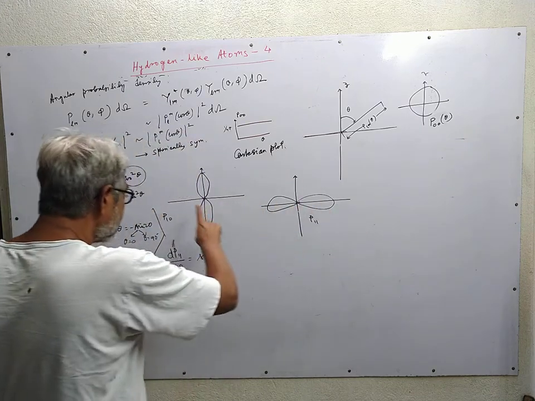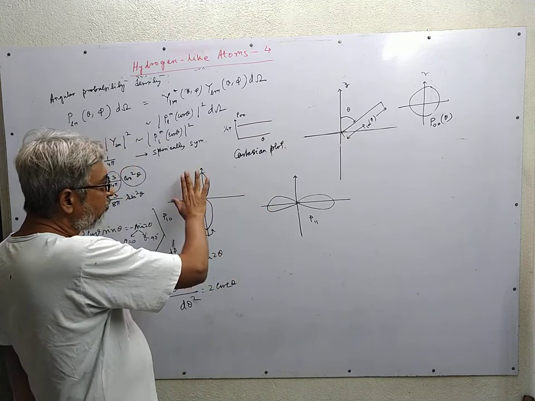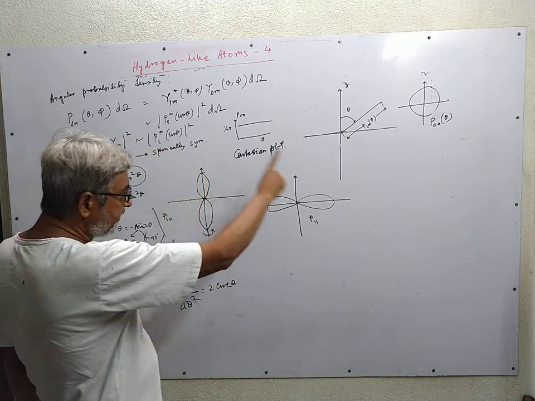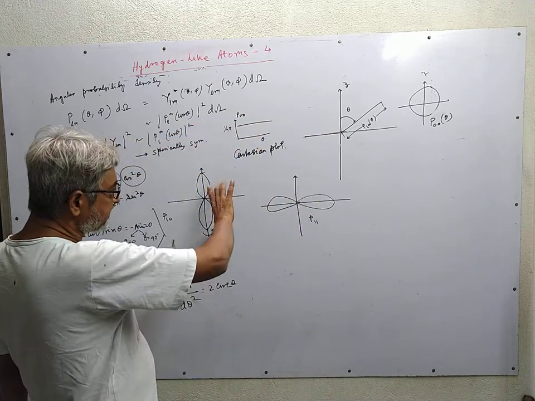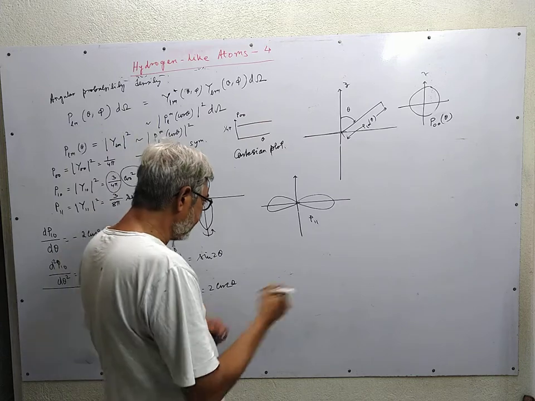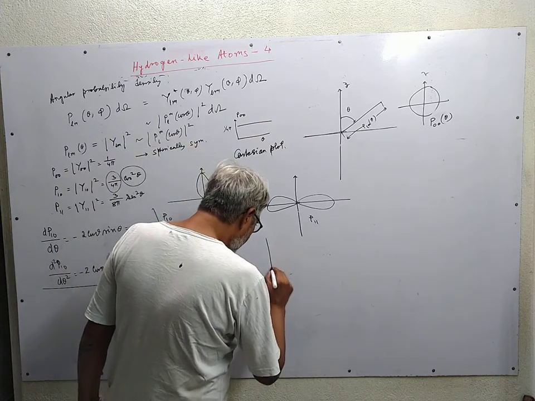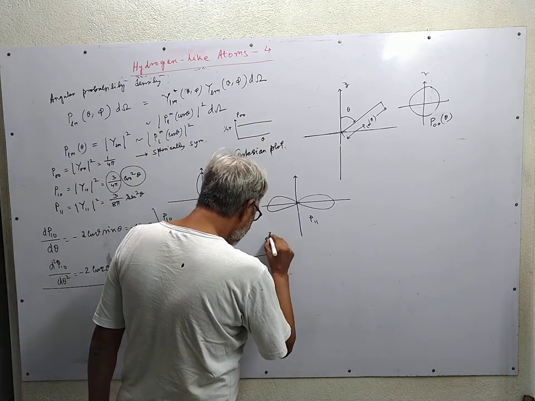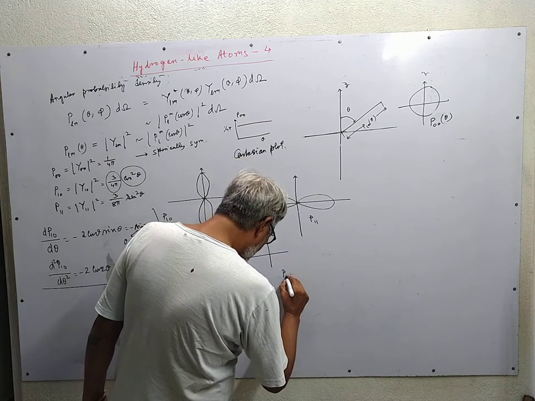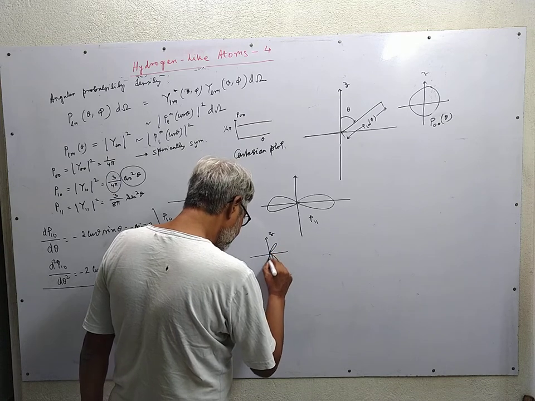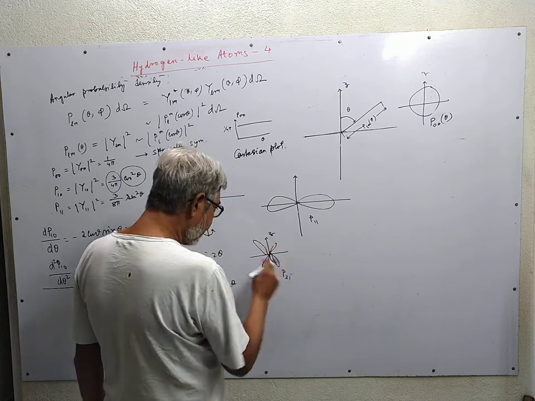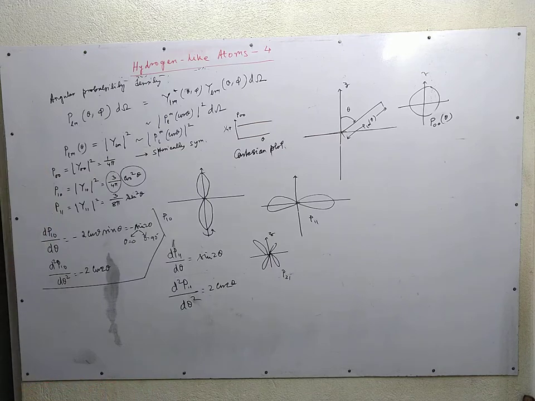This is the nature for minimum M equal to 0, and this is for the maximum value of M. In between, the curve passes through intermediate steps, as for example, this is the z axis and this is the P21 graph. It's symmetric, this is the nature. So, these are about angular probability densities.